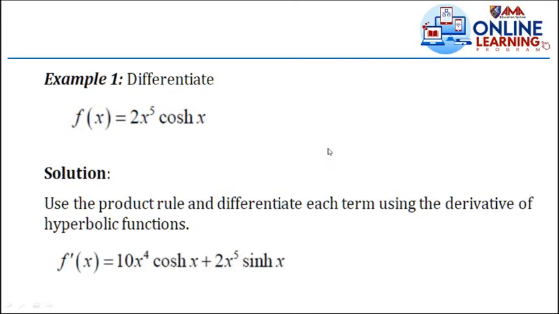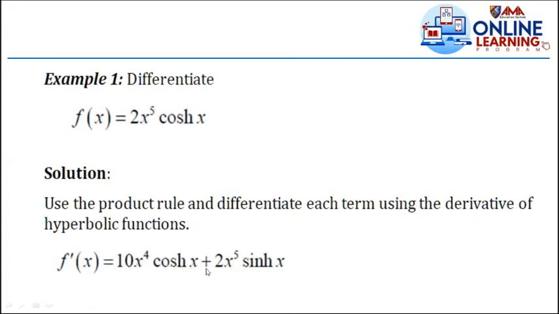So with this time, there are two functions. This one, 2x raised to 5, represents our u. And cosine h x represents our v. So from our formula, the derivative of u times v is equal to v du plus u dv. If we're going to apply the product formula, we have now f prime is equal to v, this is our v. Derivative for this one, 5 times 2 is 10, x raised to 5 minus 1 is 4. So we have v du.